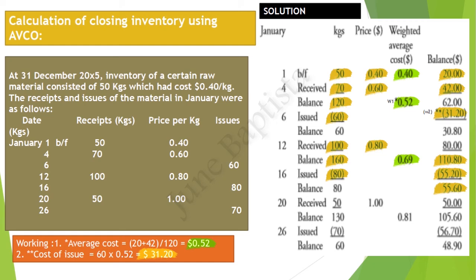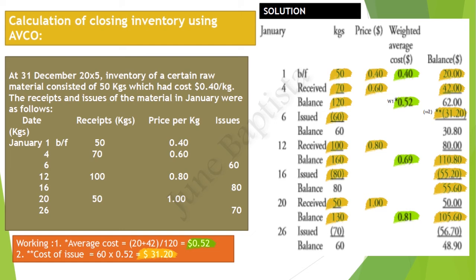On the 20th, 50 kgs were bought at $1 per kg. That works out to a valuation of $105.60 of 130 kgs. The AVCO, or the average cost, would therefore work out to 105.60 divided by 130 to give us 81 cents.